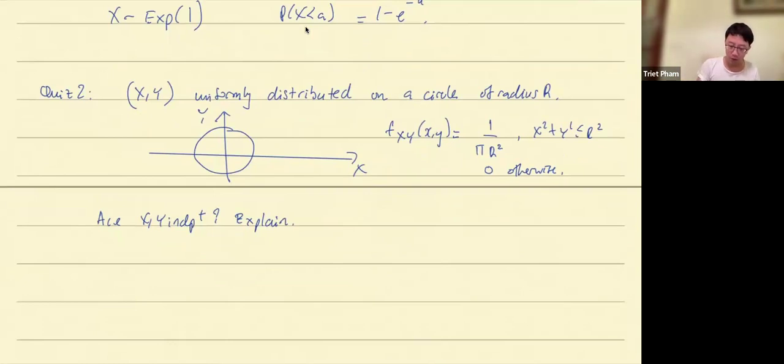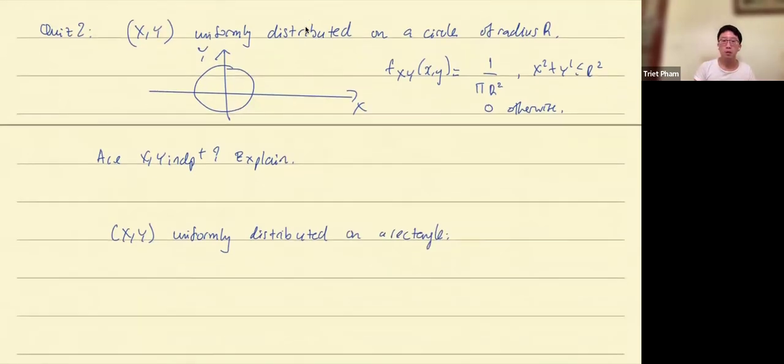More often, you will have this case: x, y uniformly distributed on a rectangle, meaning this.